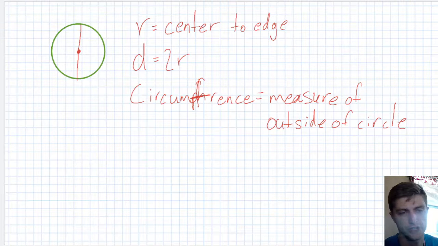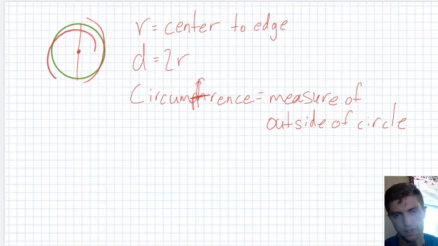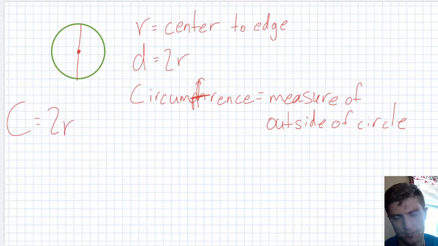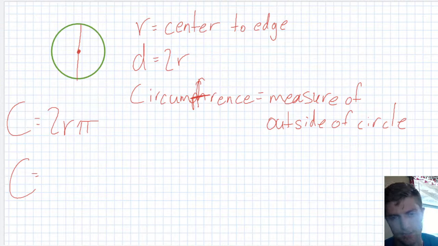Okay, so to get the measure around of the circumference, we got 2 ways we can do it. We can do circumference equals 2 times the radius times pi, and I'll explain what pi is in a second. Or since we know that 2r equals the diameter, like it is right here, another way we can write it is diameter times pi.